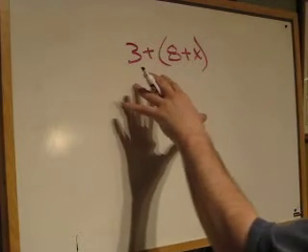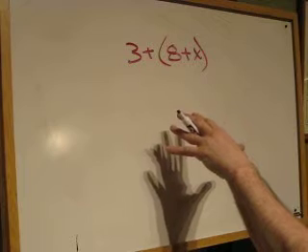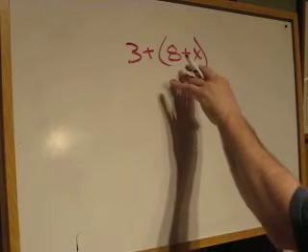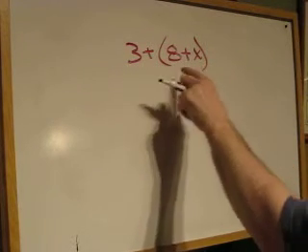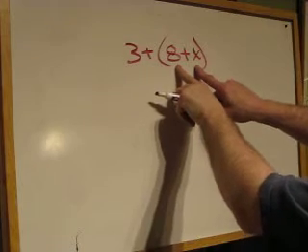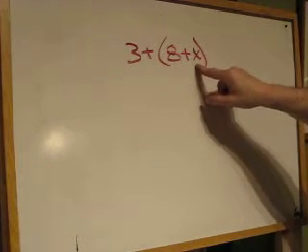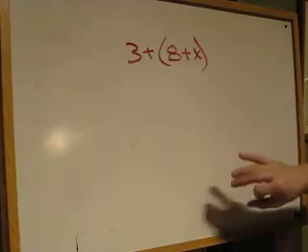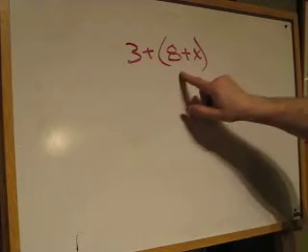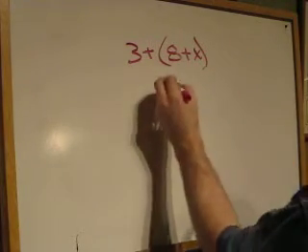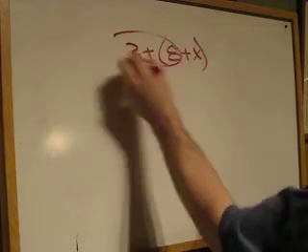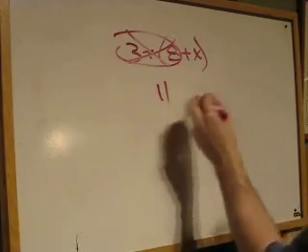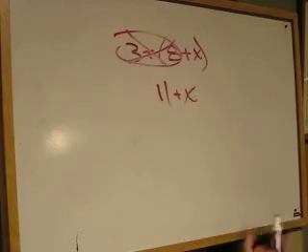And that says the same thing. It doesn't matter what order you add these in. So we look at the 8 and we look at the x. We cannot add these because we don't know what number that is. So they can't be added. But we can add the 3 and the 8. We know what that is. That's 11. Well, we add the 3 and the 8, those disappear, and we're left with our plus x, since we couldn't do anything with it. And that's our answer.